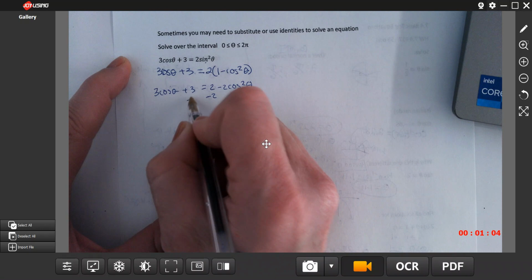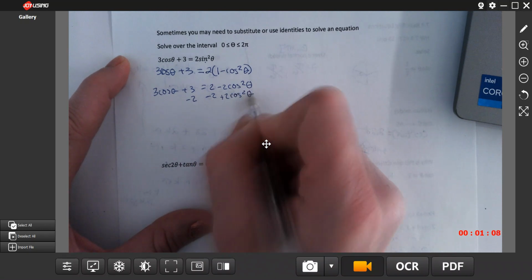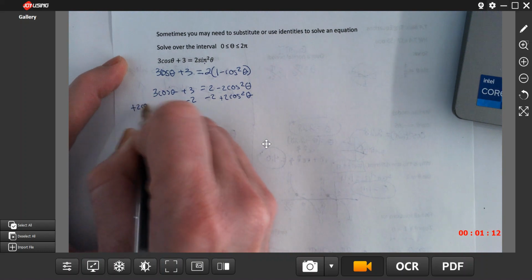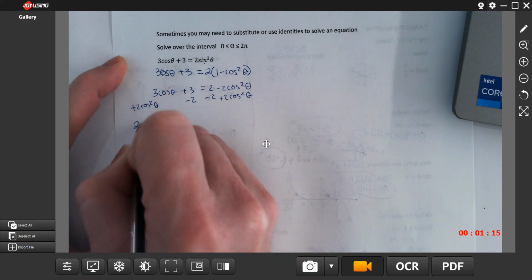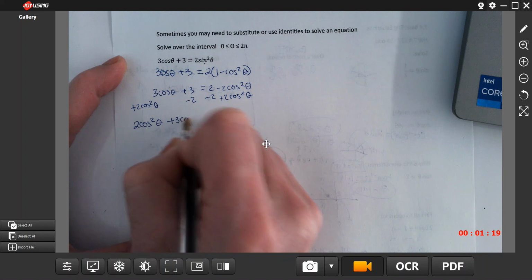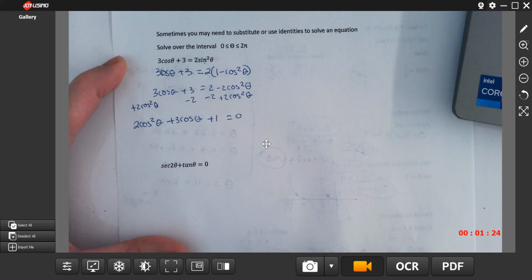Move everything to the left. Doesn't actually matter which side, but that's the side I'm going to move it to. So that gives me 2 cosine squared theta plus 3 cosine theta plus 1 equals 0.